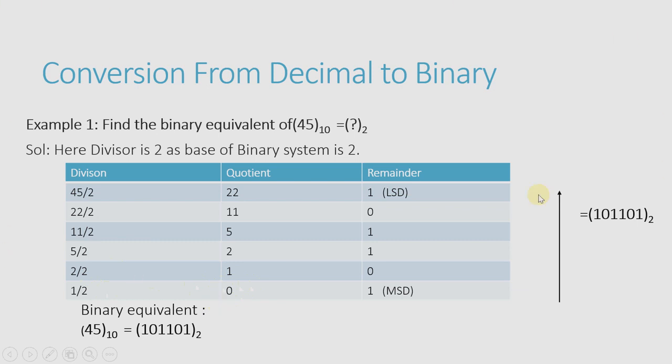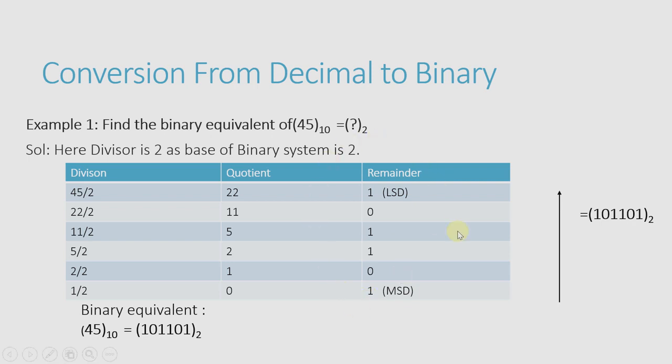Now we use the remainder column, and we focus only on the remainders. We have to write the remainders from the most significant digit to the least significant digit, that is from downward to upward direction. So I write from this position 1 0 1 1 0 1.